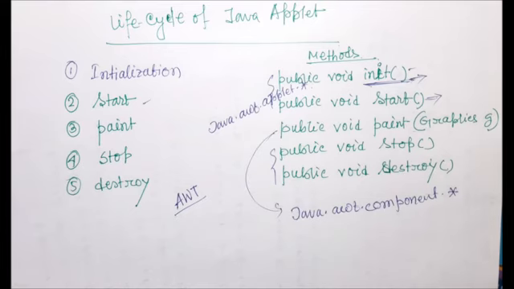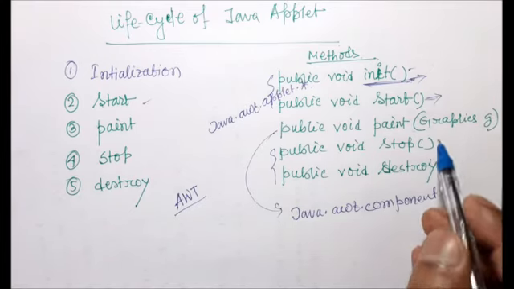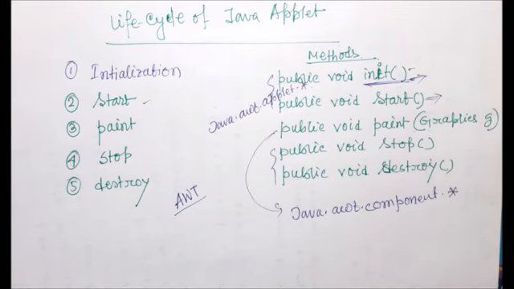In my paint method we have a parameter, that is the Graphics parameter. This parameter will contain the graphics context, which describes the graphic environment in which the applet is running. The context is used whenever output is required.